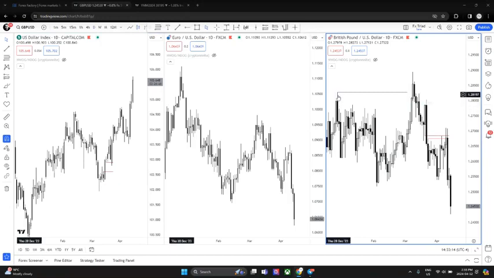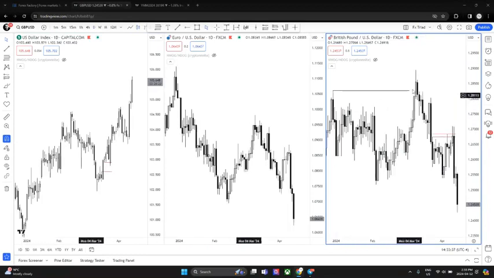Also, you can see that this wick right here is greater than this wick right here, which is something to note. So we had a close above here, then we had the wick greater. We're looking at this specific time frame, the daily time frame, for this specific cycle. Price broke down.